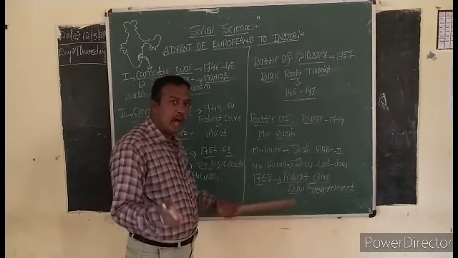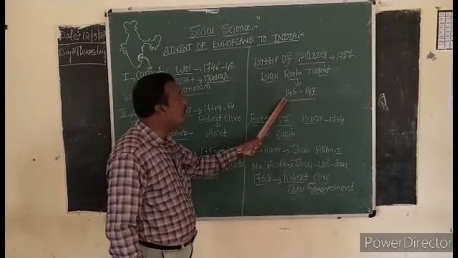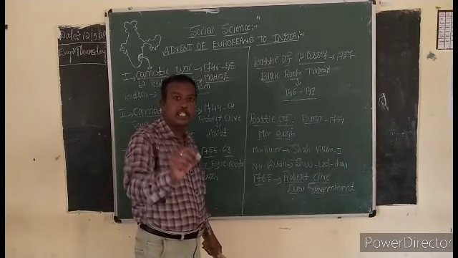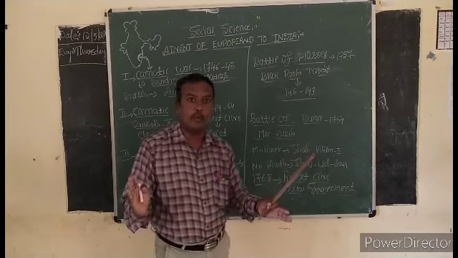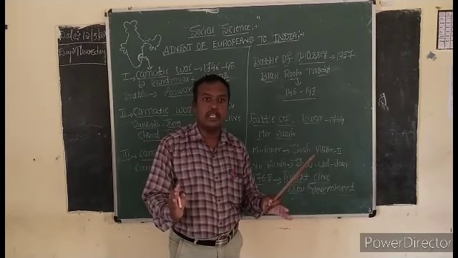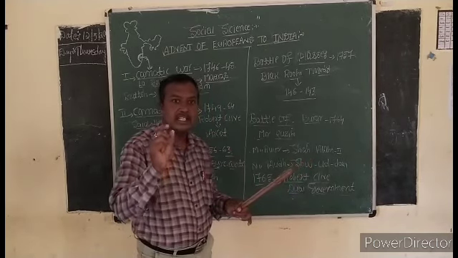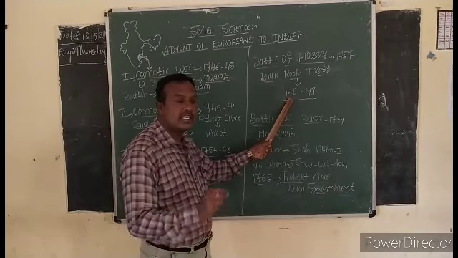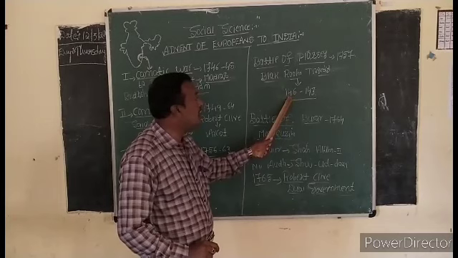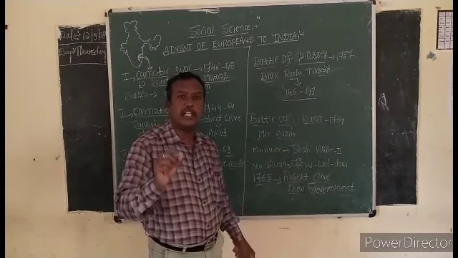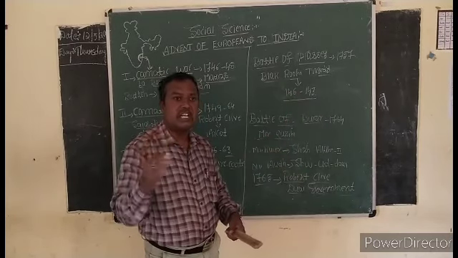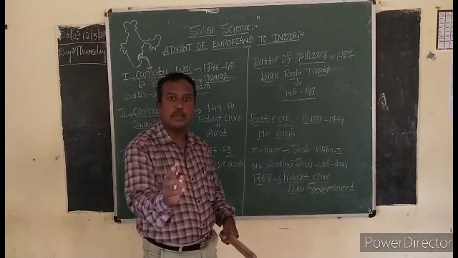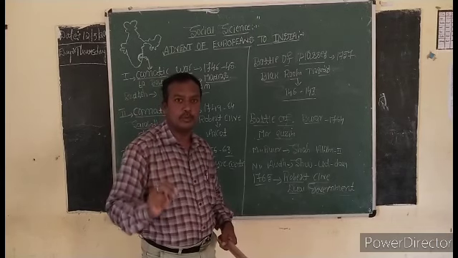Siraj ud Dowla arrested and imprisoned 146 British officials in a small black room. This room was very dangerous, and 146 British officials were imprisoned. Out of 146 members, 143 British officials were killed in the Black Hole tragedy, without food, water, or air.